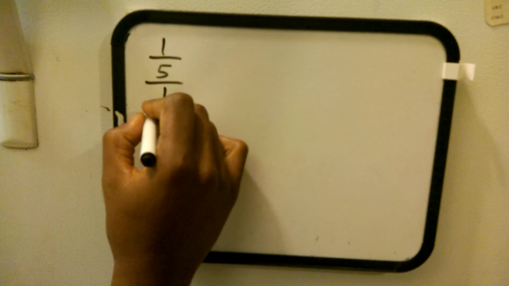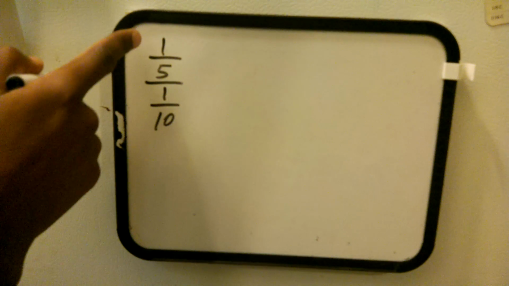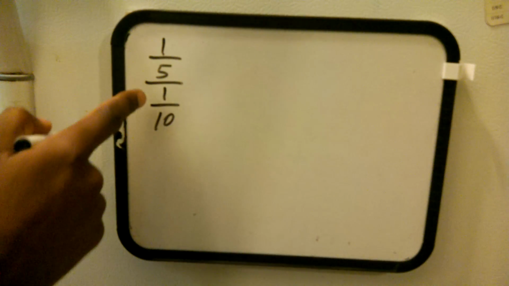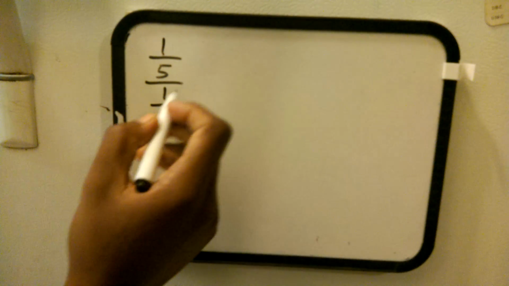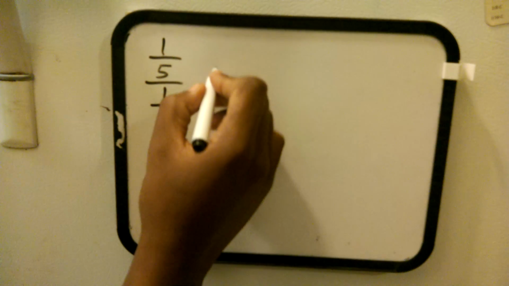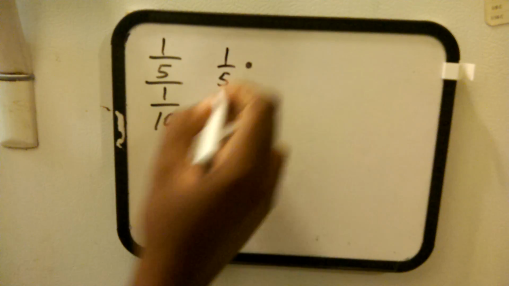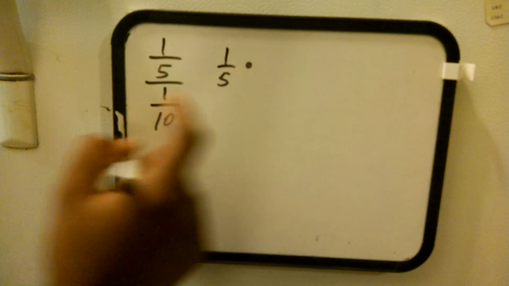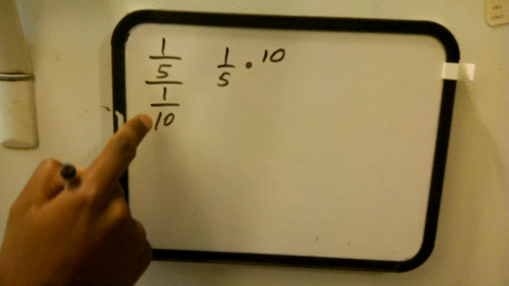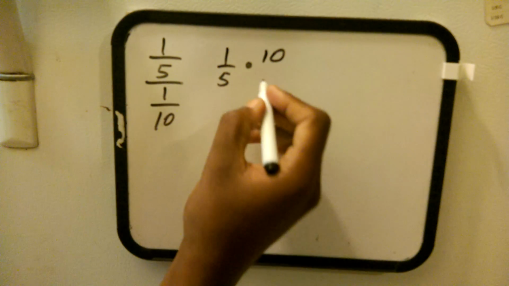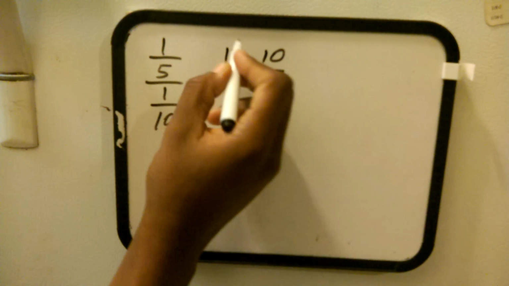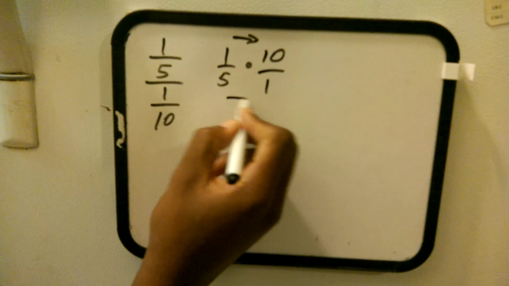1 over 10, for an example, to divide 1/5 divided by 1/10, you would basically do this. Take the 1/5 and multiply it times, you take the 10, put it on the top, and you take the 1 that was there and put it on the bottom, and you multiply straight across.